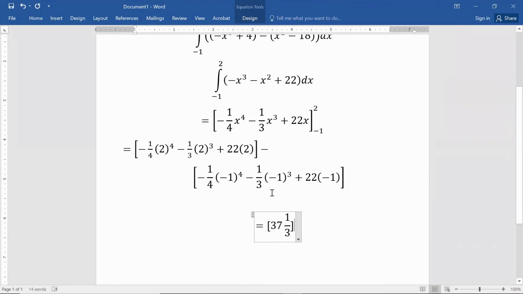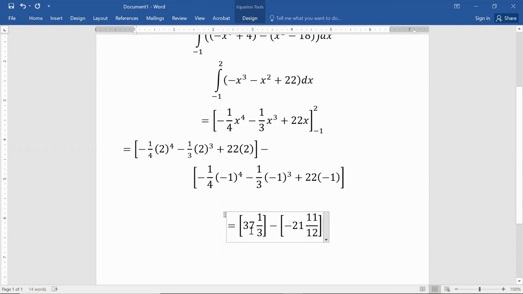When I plug in a value of -1, I ended up with -21 11/12.